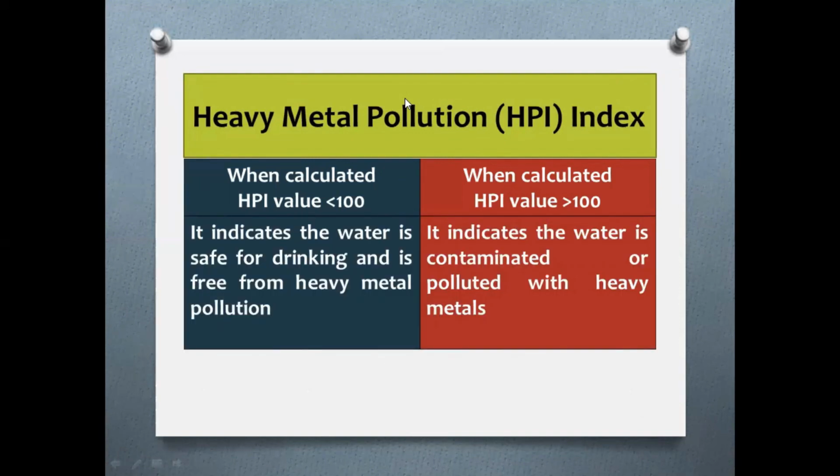That is, when the HPI value is less than 100, it indicates that the water sample is safe for drinking and is free from heavy metal pollution, because the critical pollution index for drinking water is 100. But if the HPI value you obtain is greater than 100, then it indicates that the water sample is contaminated or polluted with heavy metals.